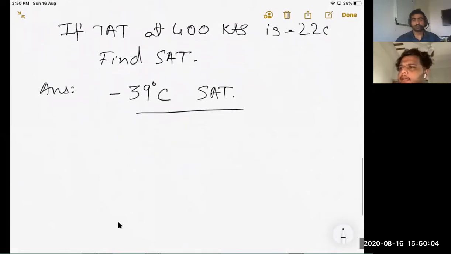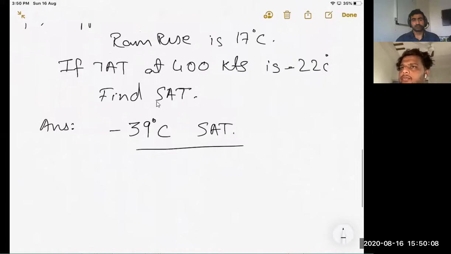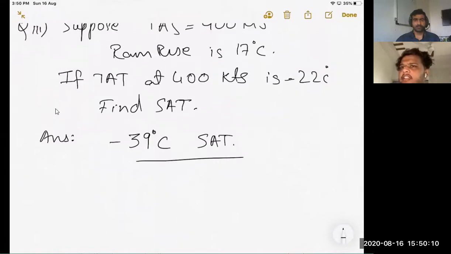I'll go in airspeed, and then total air temperature is minus 17, minus 22, sorry.